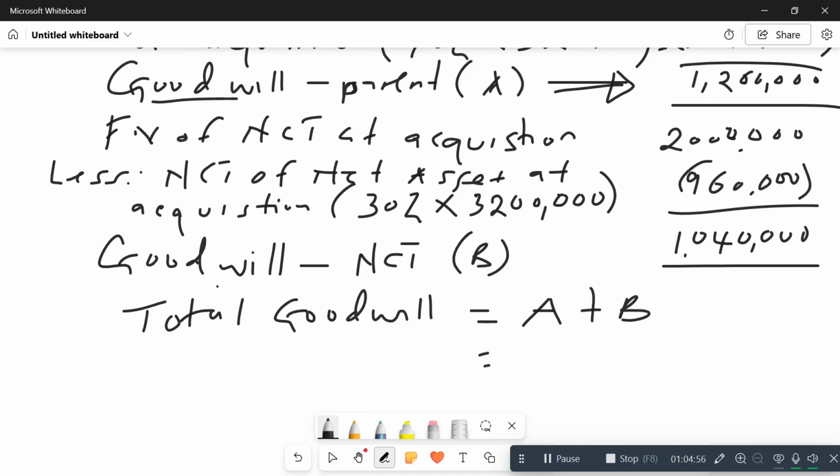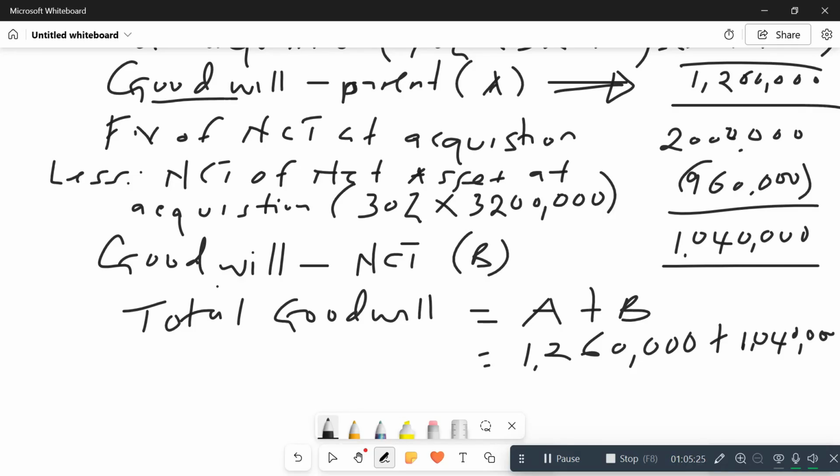For A, it was 260,000 plus B, which is 1,040,000. When you add our two goodwill, what do you get? 260,000 plus 1,040,000.